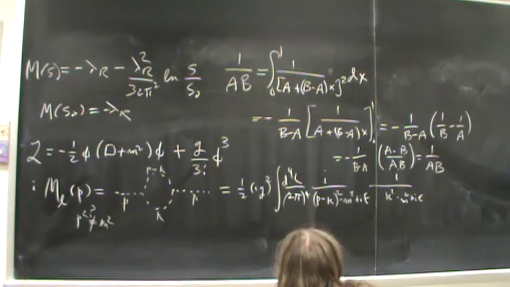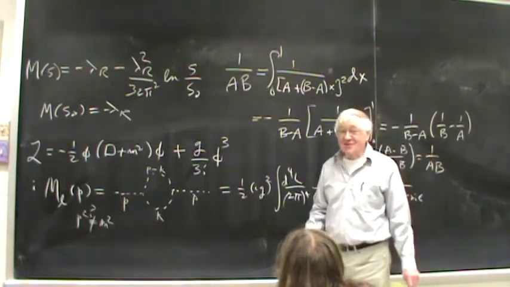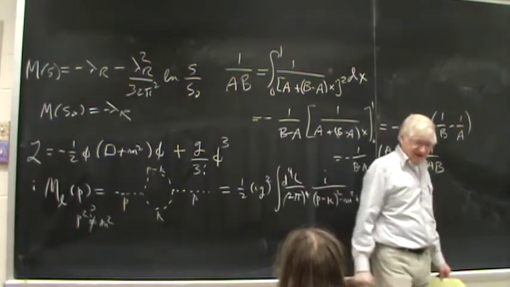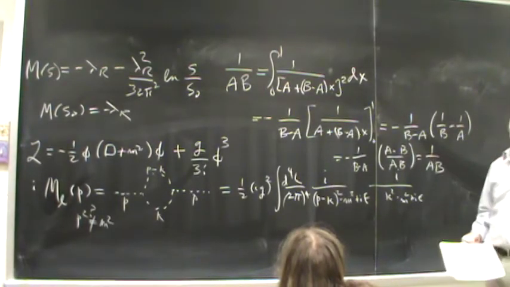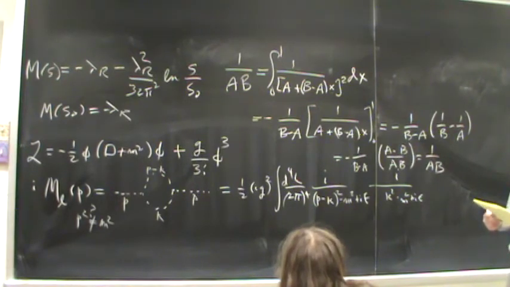So that's one of Feynman's tricks. You might imagine he's got another one. 1 over ABC is something analogous to that. And this is the first of a whole family of Feynman tricks.